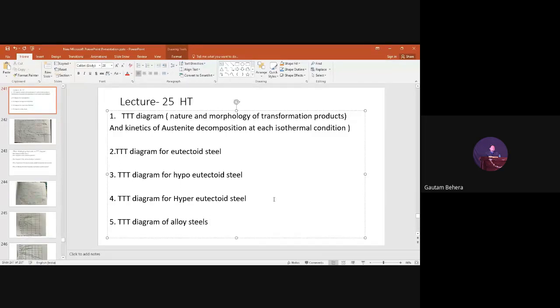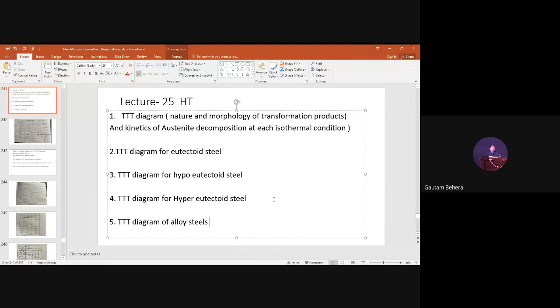In that plot, the temperature was fixed, we are just changing the time, and we find out how much transformation has happened. That is basically checking the transformation on the basis of constant temperature.